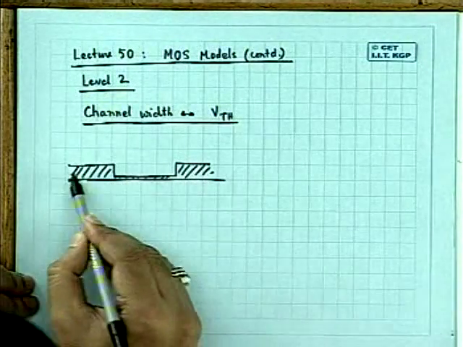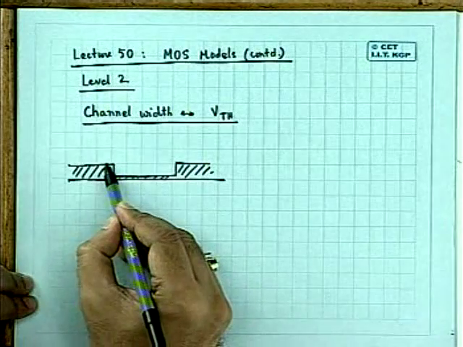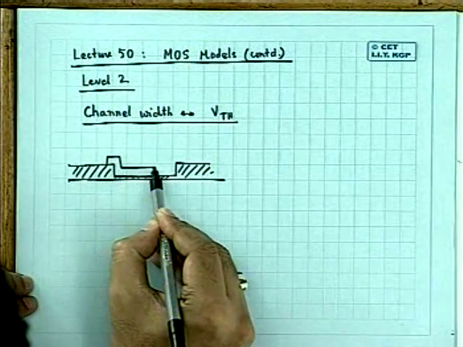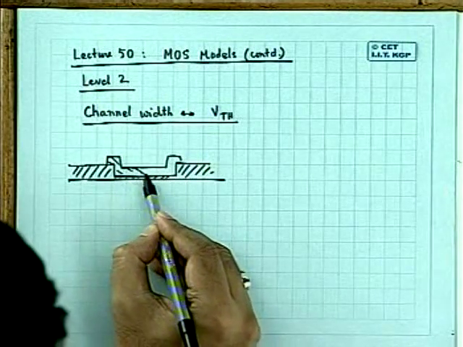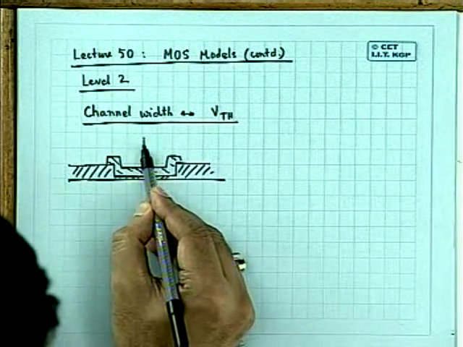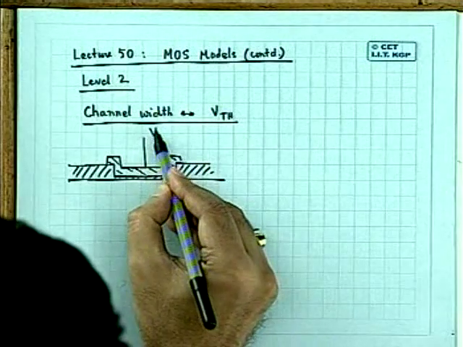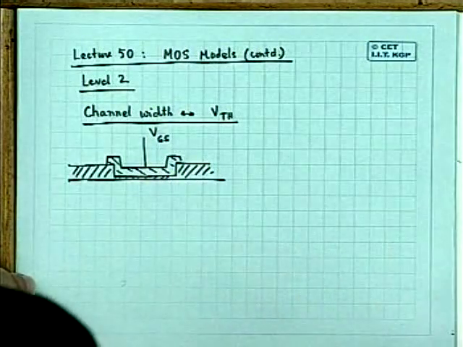This is a gate oxide, these are the field oxides, and we have a gate, overlap gate here. This is your VG, we call it VGS now.